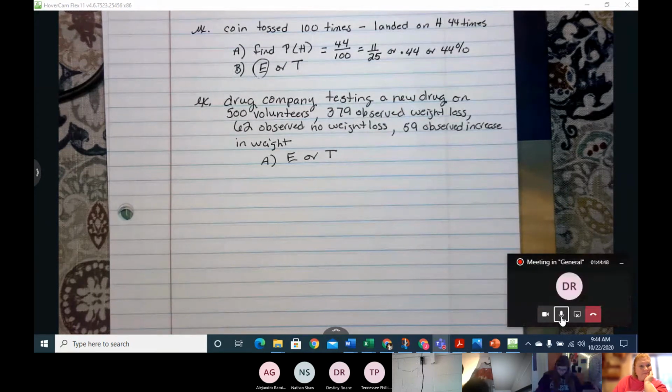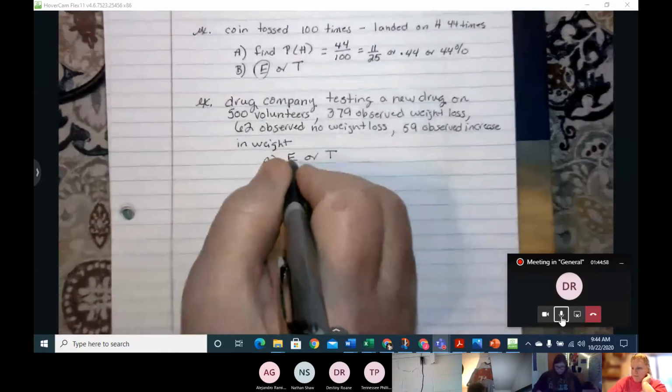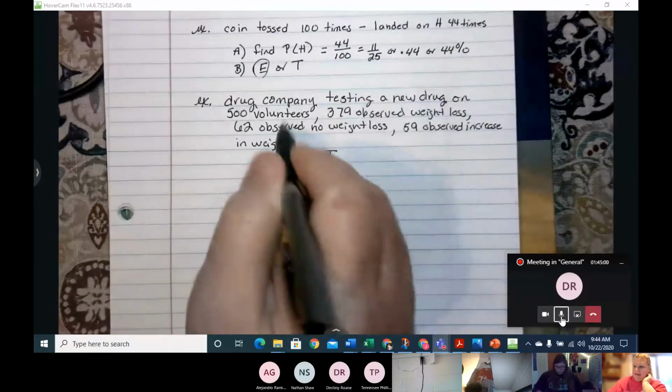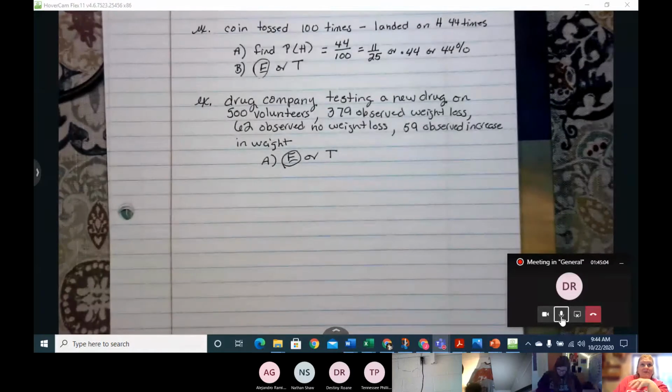What do you think? Anyone? Experimental. Yes, it is experimental. You have data that's given to you. It's based on that particular data.